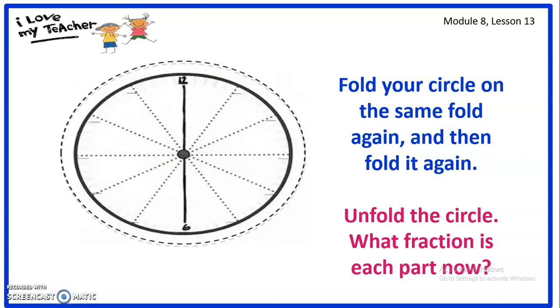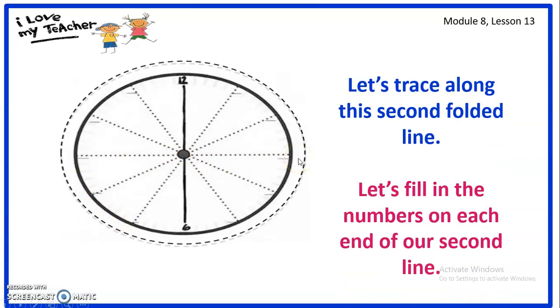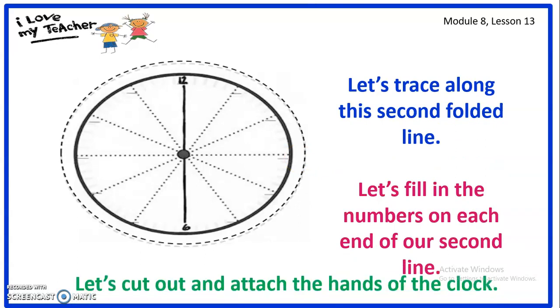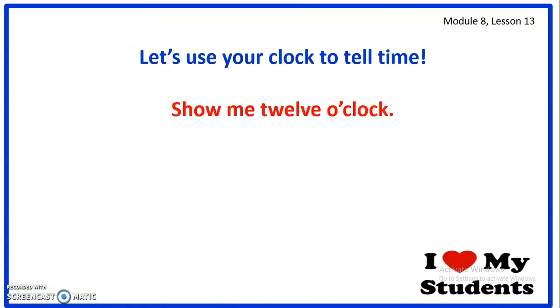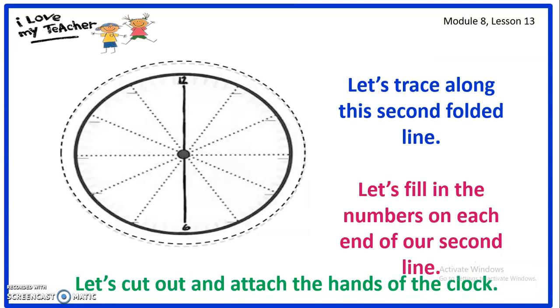Now fold this circle again, where you've written 12 and 6, and fold it this way, horizontally. Now if you trace along this second folded line, we fill in numbers on each end of our second line. Here will be what? Half, and that half, that's a quarter.